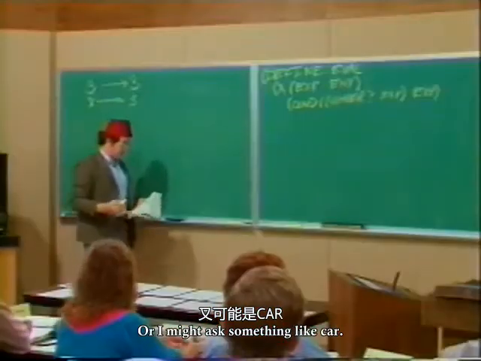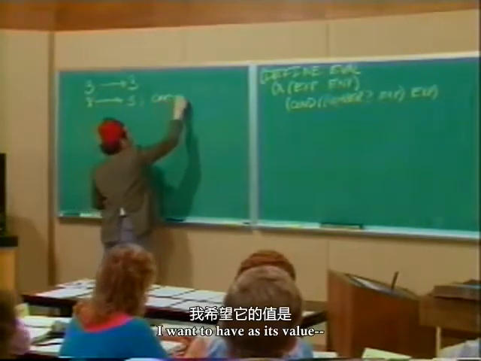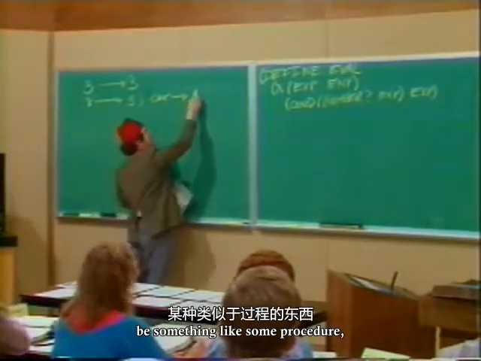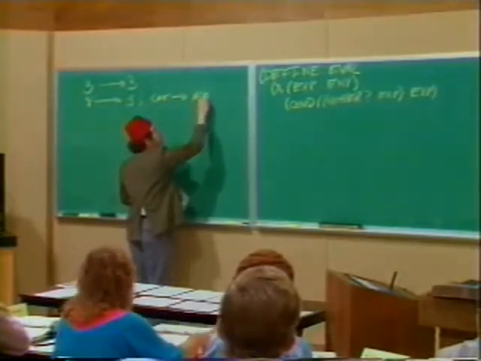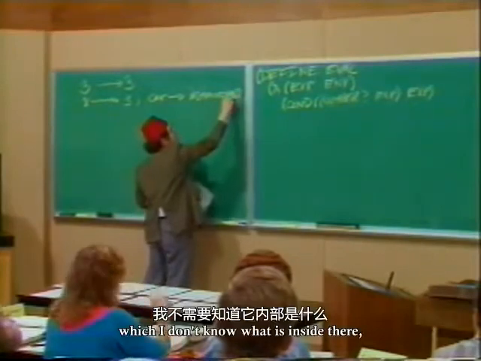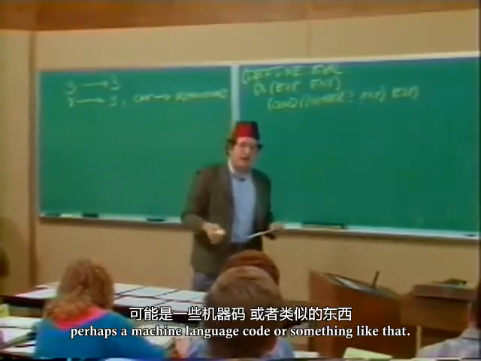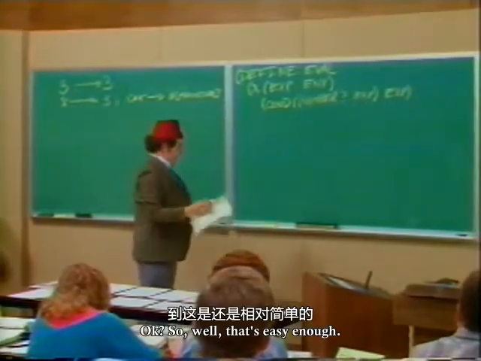Or I might have something like car, which I want to have as its value some procedure, which I don't know what it is inside there. Perhaps some machine language code or something like that.